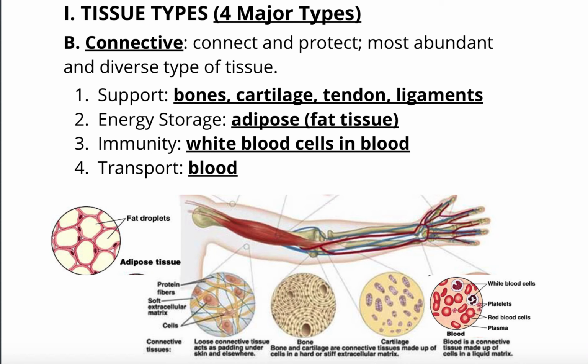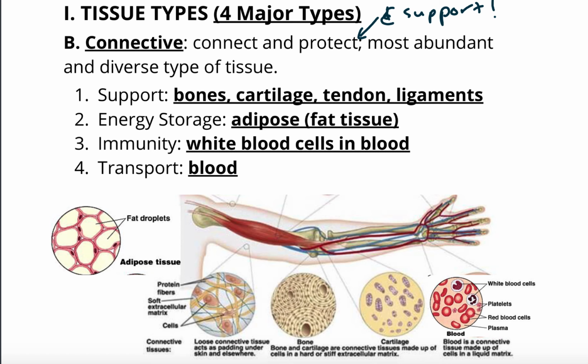Okay, let's go over connective tissues. So connective tissues connect, protect, and support. Please add support in there. I made a mistake. All right, so this tissue type is the weirdest. It's got the weirdest diverse range of types of cells that look very different and have very different functions to one another. And they're also considered the most abundant tissue type in your body.